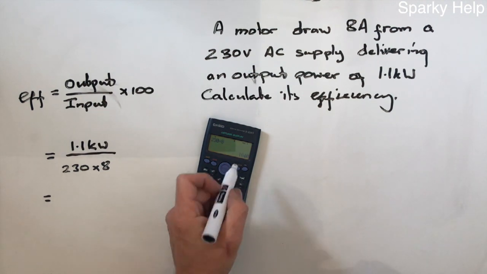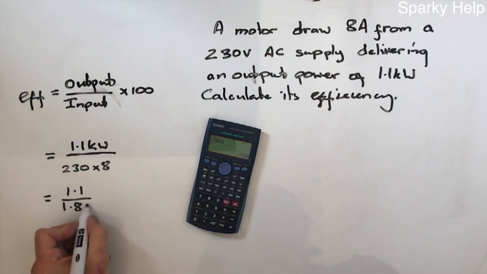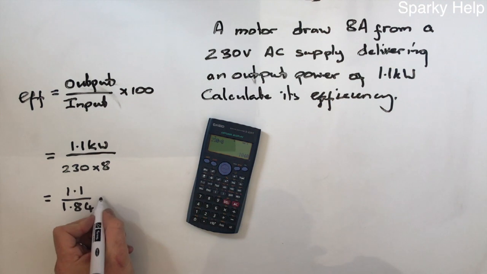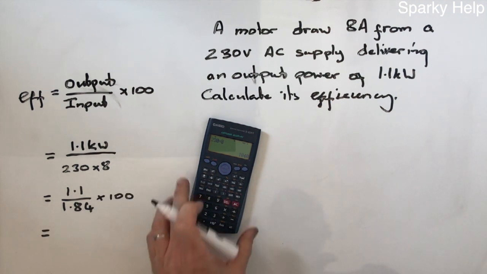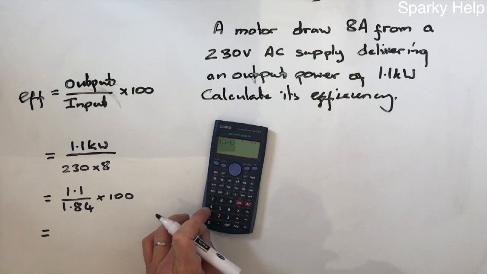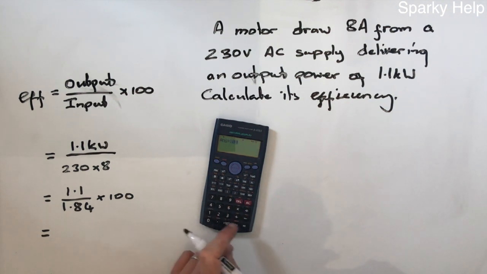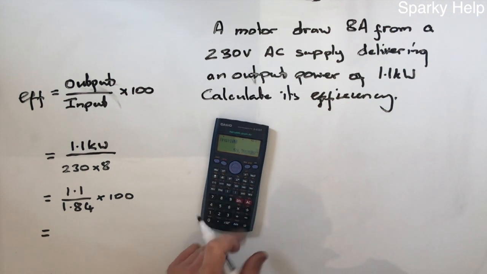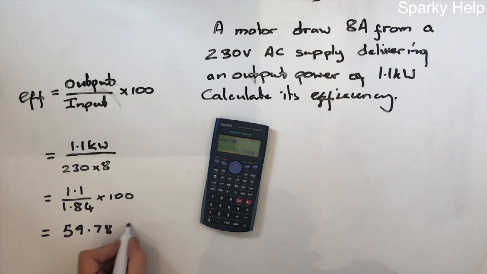That's 1,840, so that's 1.1 divided by 1.84, if we're going to keep it as kilowatts, times by 100, and this will give us our efficiency. 1.1 divided by 1.84 times 100. So that gives us an efficiency of 59.78%.